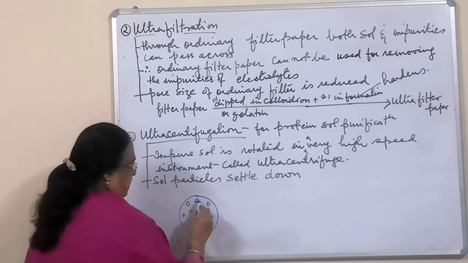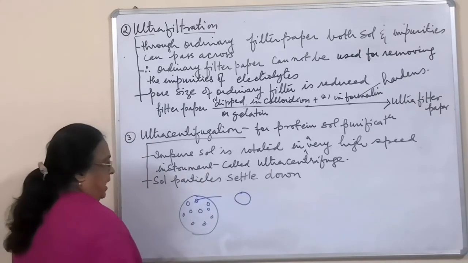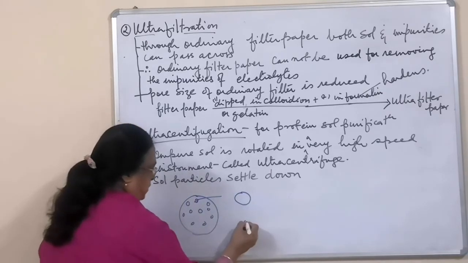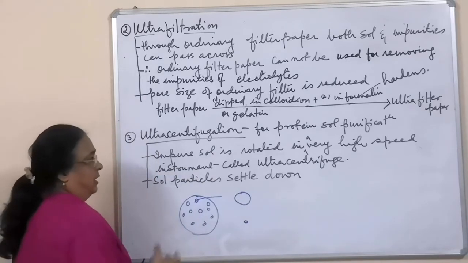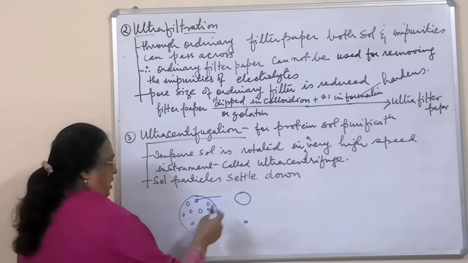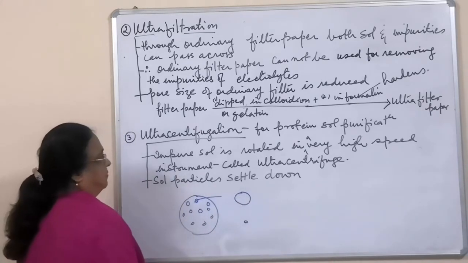So suppose this is the size of the pore of the filter paper. If the size is reduced to very small, then it is able to retain the particles. And so the pore size of the ordinary filter paper is reduced to a very small one.